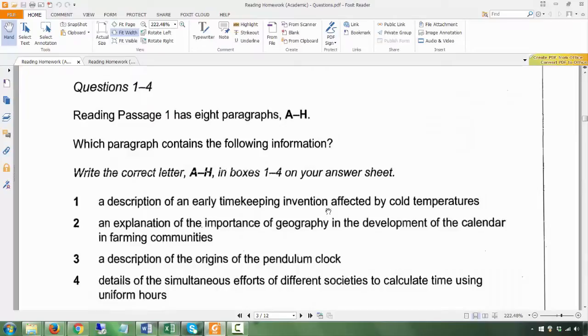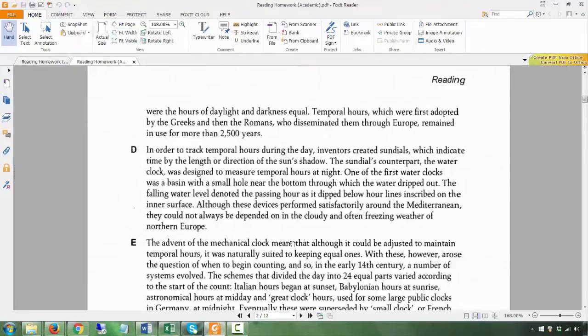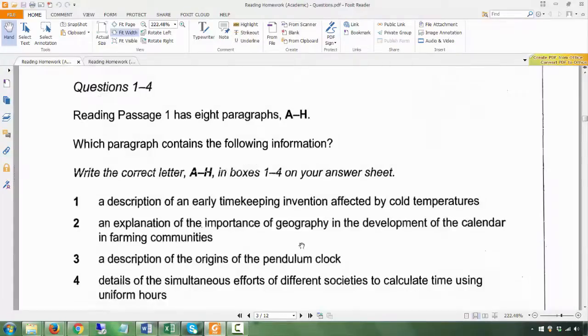So cold temperatures, cloudy and freezing weather, they could not be depended on during this kind of weather, and therefore it basically means that it's affected. Whatever this early timekeeping invention is, it is affected by cold temperatures.